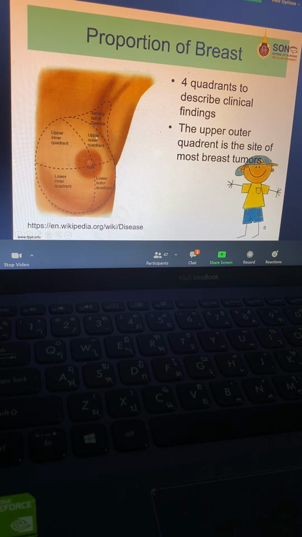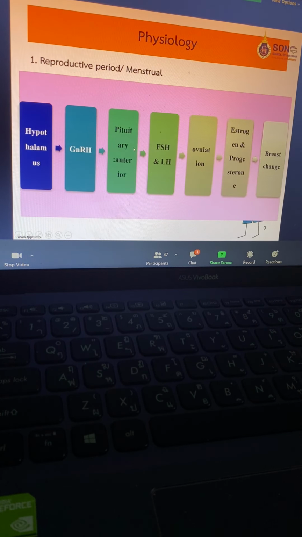Most of the cancer you can find in that area, the tail of Spence. So when you palpate or assess the breast, you should not forget about the tail of Spence because it's important in the clinical. Okay.